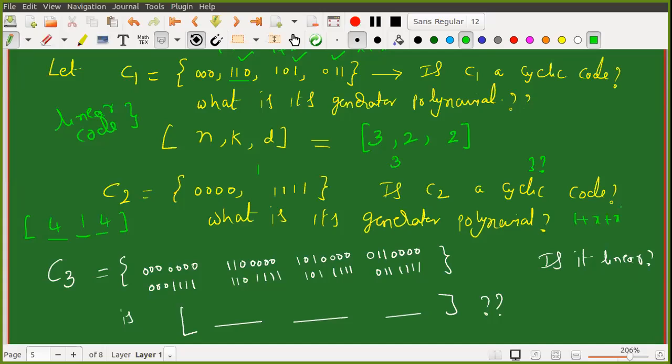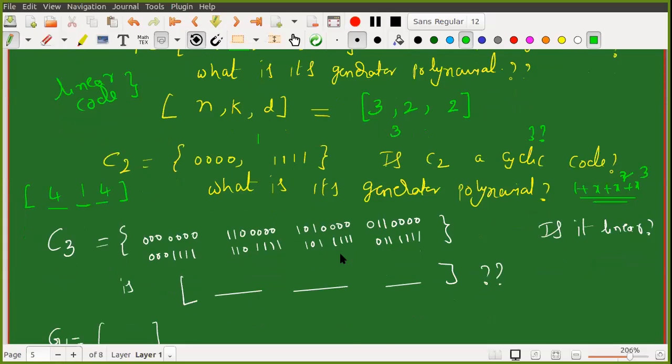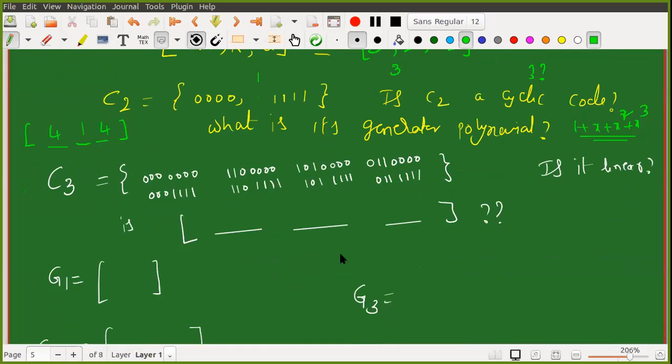Generator polynomial is that. If I multiply by x, what happens? We get the same thing. Beauty, right? Good.